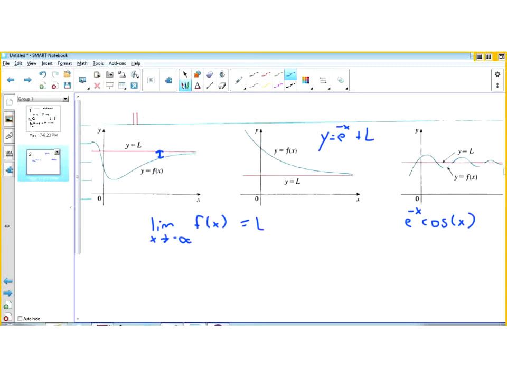Let me pull up some diagrams showing you what those could potentially look like.